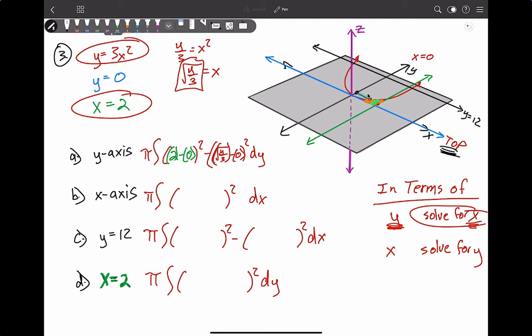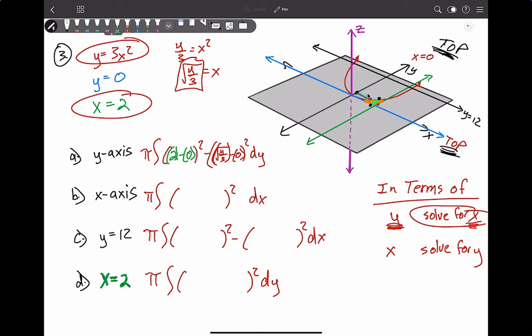Now for the red function, I don't have to rotate my head to find out what the top and bottom are. When I'm doing dx, I can look at it exactly how it is. The dx slices are vertical slices, parallel to the y-axis.